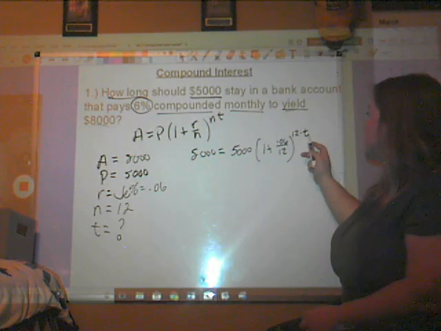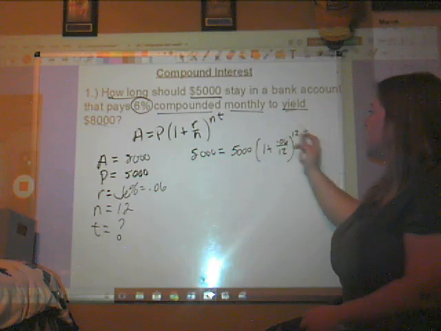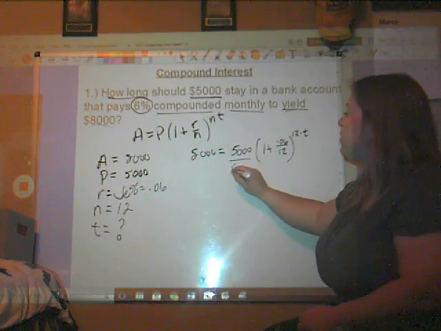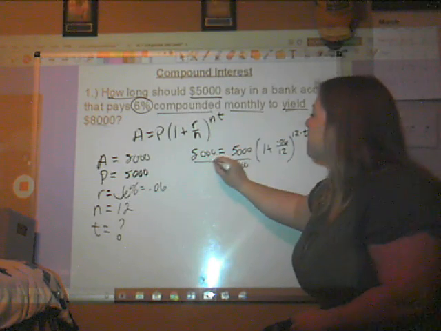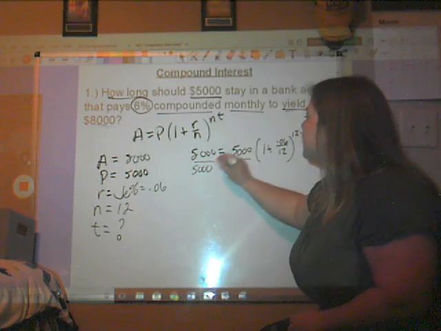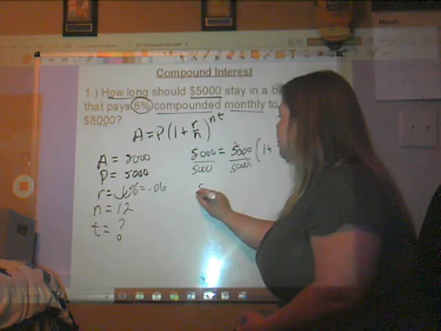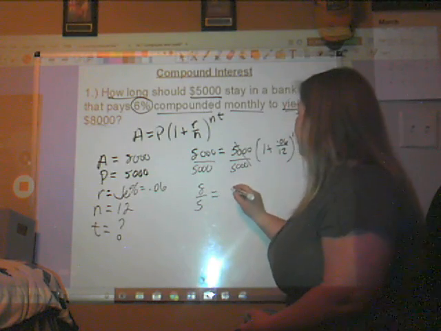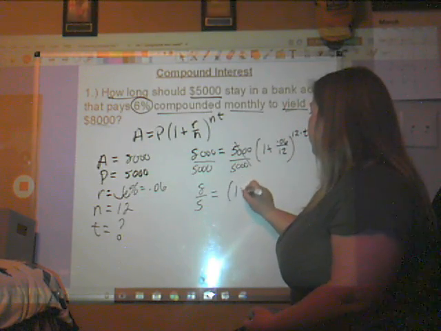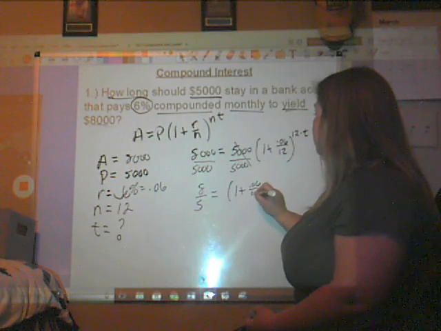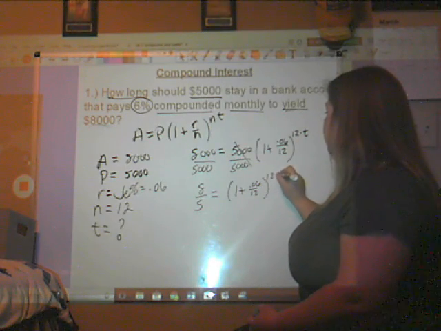The T is in the exponent here, so we want to isolate this exponent. So we're going to divide by 5,000. Those cancel, and 8,000 divided by 5,000 is 8/5 equals 1 plus 0.06 over 12 to the 12T.